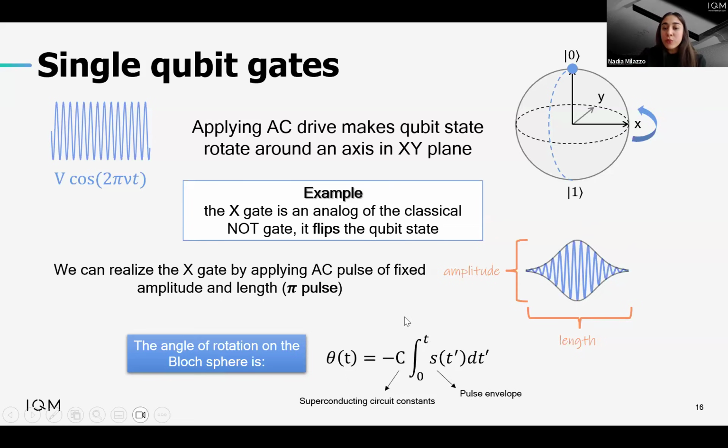And if we solve this equation, then we get the angle of rotation on the Bloch sphere. So if you would like to implement an X gate, what you should do is solve this equation setting this equal to pi, because you know that this is the rotation you want.